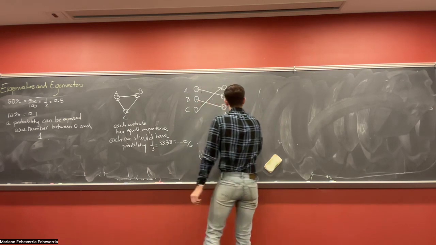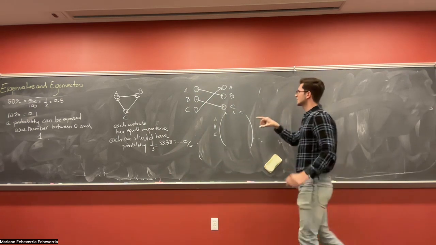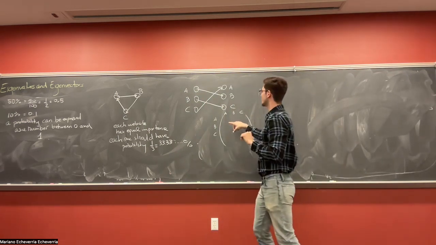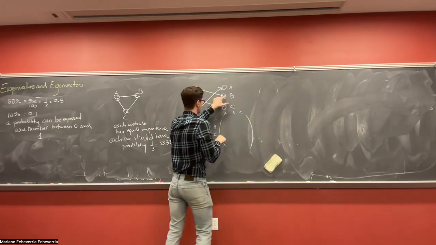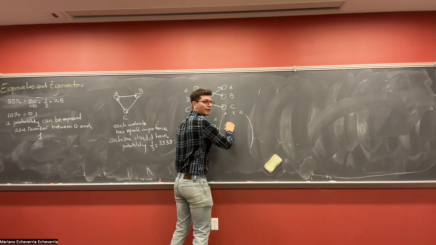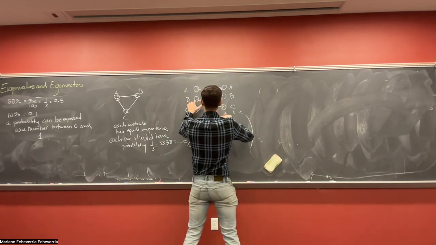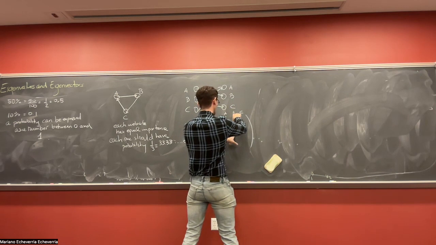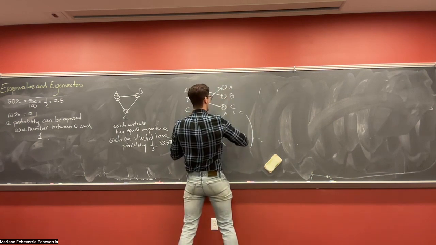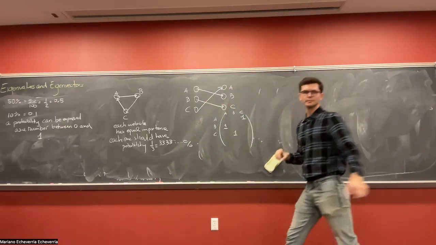You have to create a convention for how you put the entries. Because there's a link from A to B, I'll put a 1 here. Because there's a link from B to C, I'll put a 1 here. And because there's a link from C to A, I'll put a 1 here.